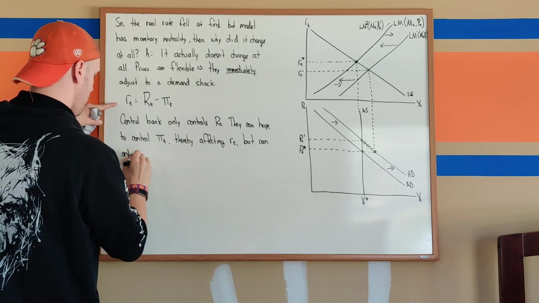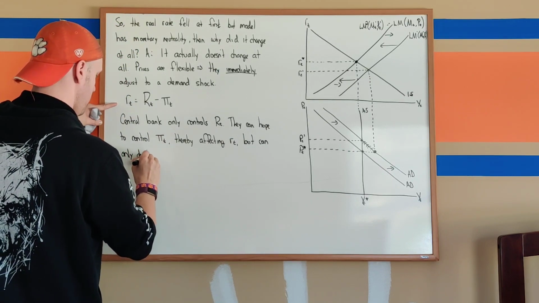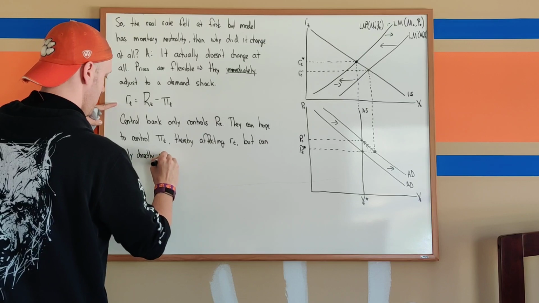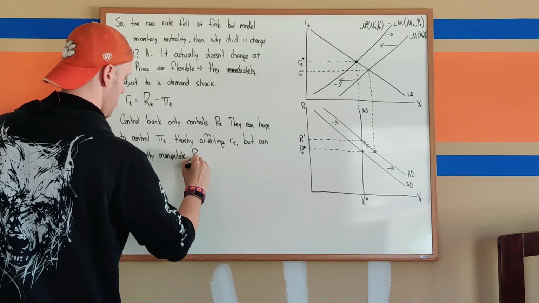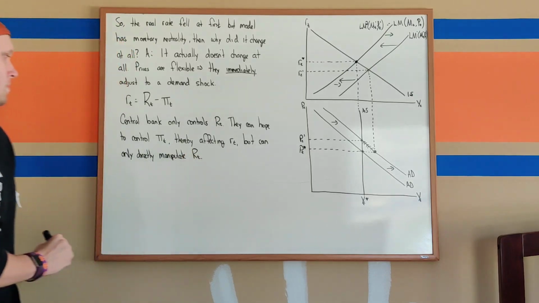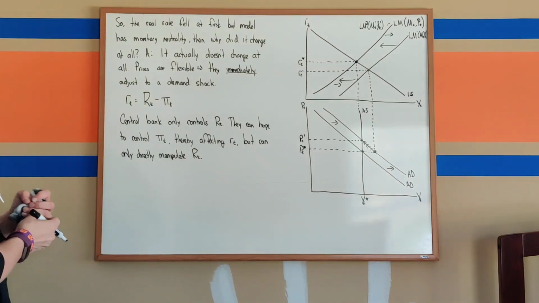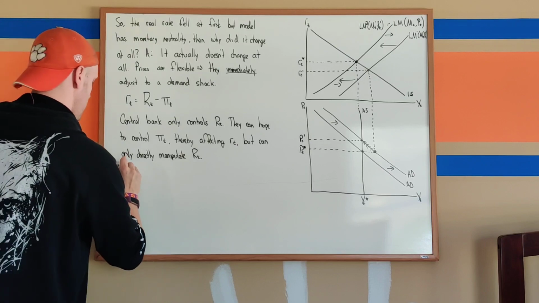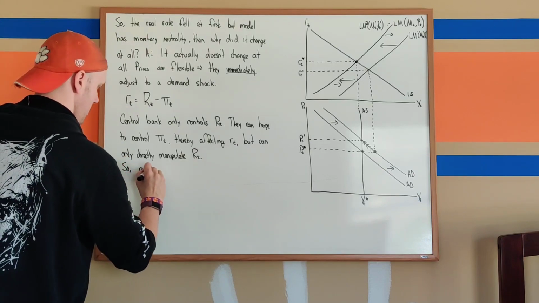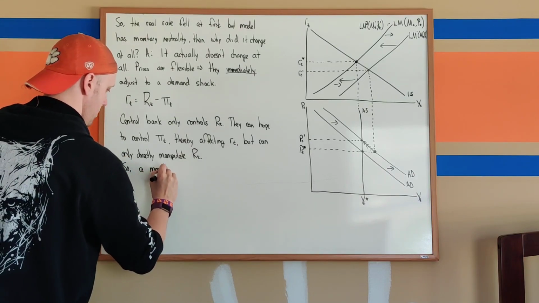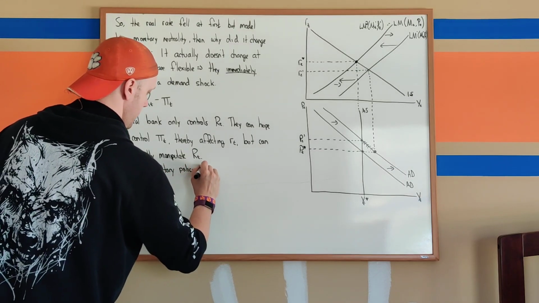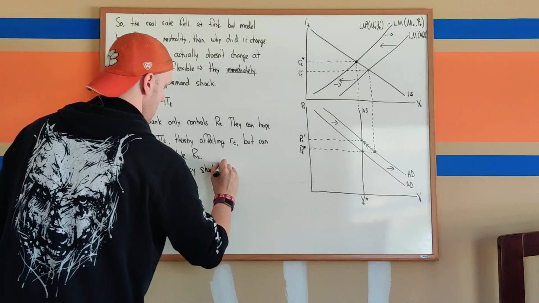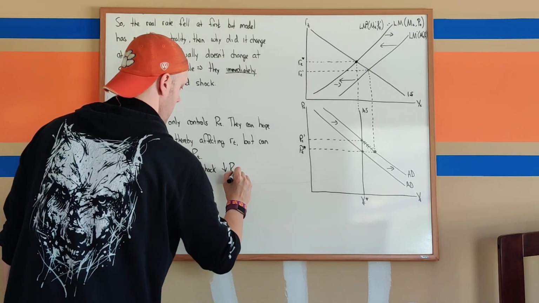They can only directly manipulate the nominal rate. So a monetary policy shock reduces the nominal rate.